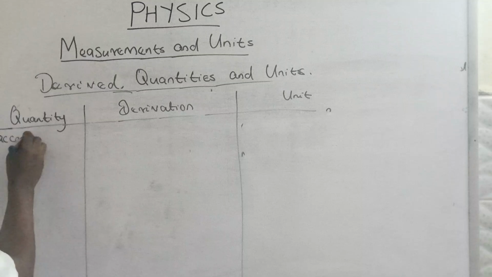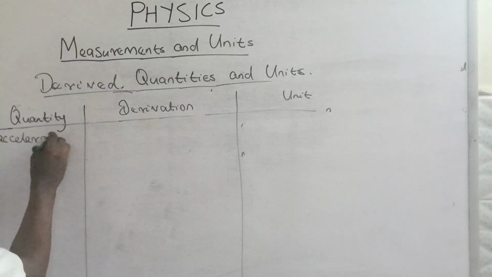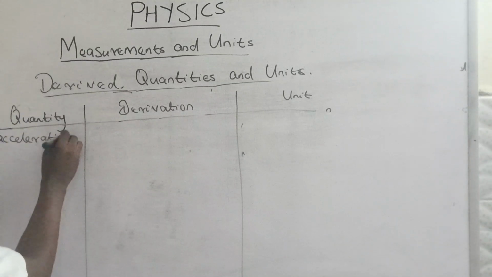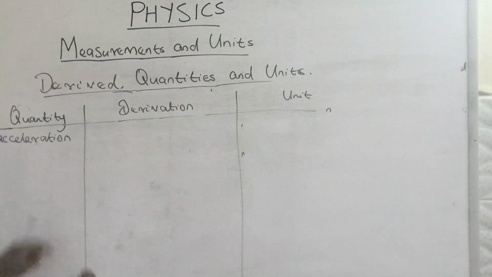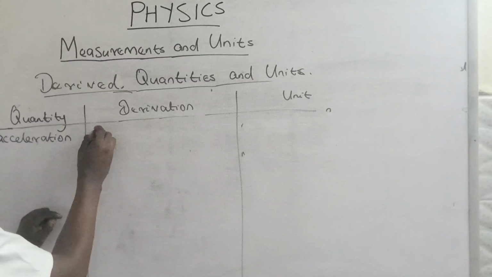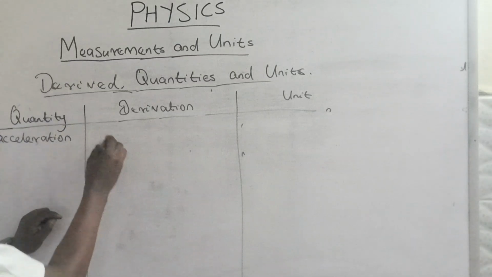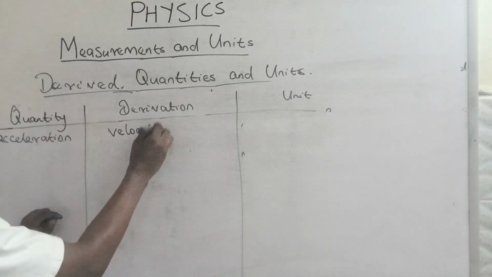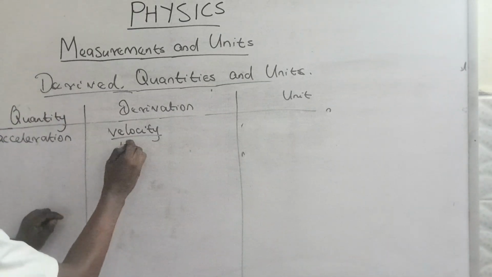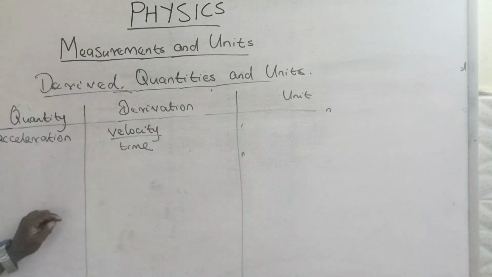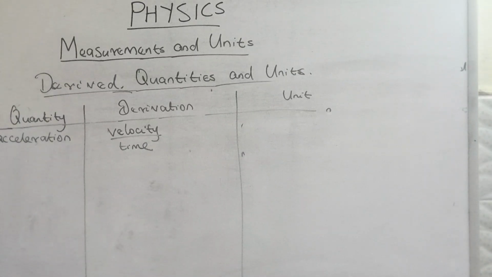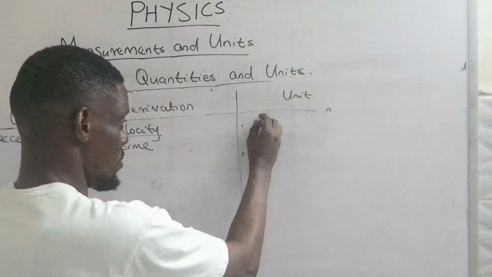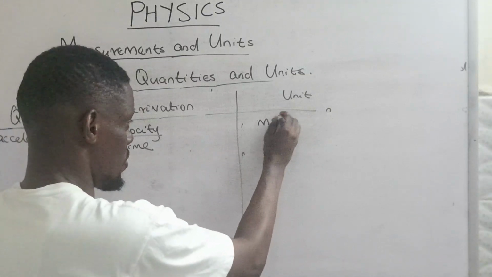Acceleration. Acceleration is defined as the rate of change of velocity with respect to time. So we have velocity over time. The unit of velocity is meter per second.